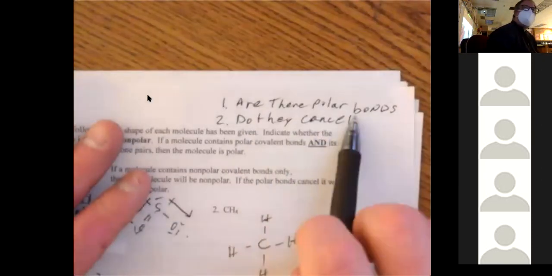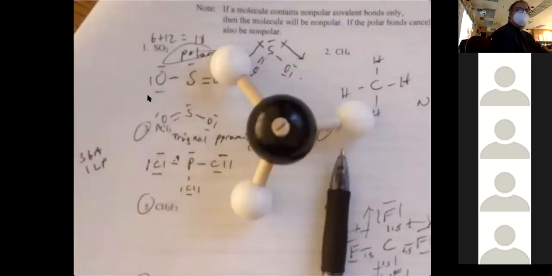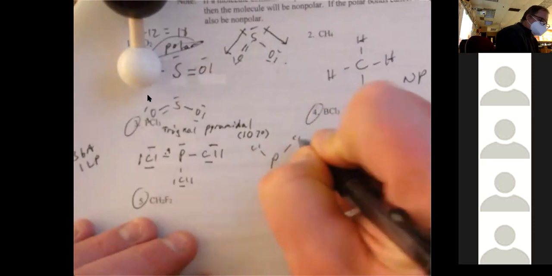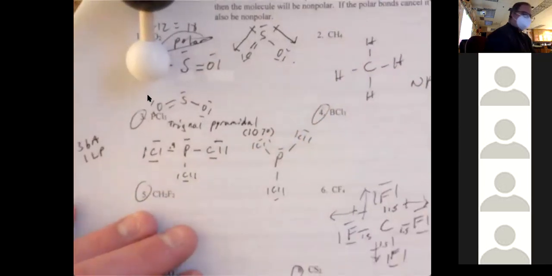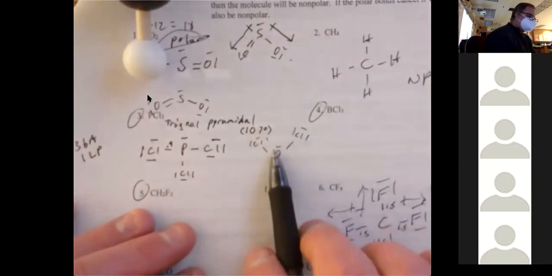Now, here's the question though. Remember, they are polar bonds, but do they cancel? That's what you need the model for. So if we take a look, the model shows it like this. That means I could have drawn this like this. And it might look like one's pulling that way, one's pulling this way, and one's pulling this way, so that they all cancel.